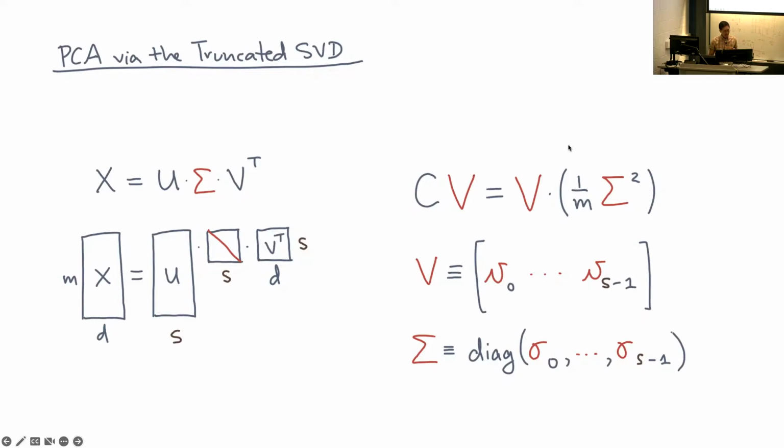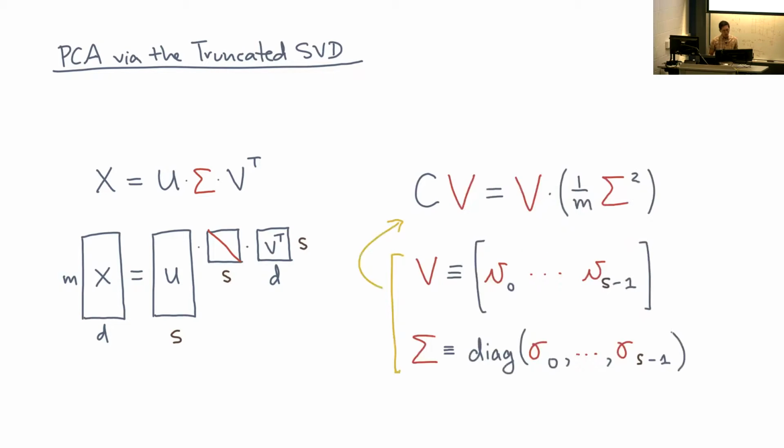Sigma is diagonal. So sigma squared is also diagonal. It's just a diagonal matrix where you replace all the diagonal entries with their squared entries. And then this 1/m is just a constant. So the thing in parentheses is diagonal. And I am taking a matrix and multiplying it by a diagonal matrix. So V times the stuff in parens, which is just some diagonal matrix.